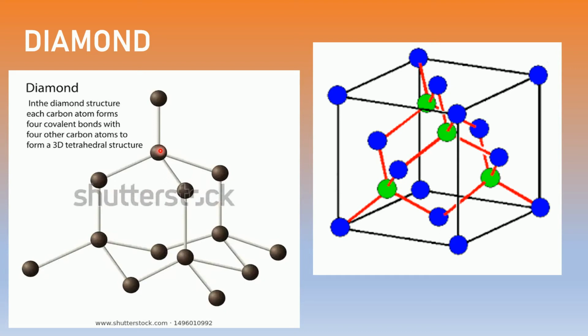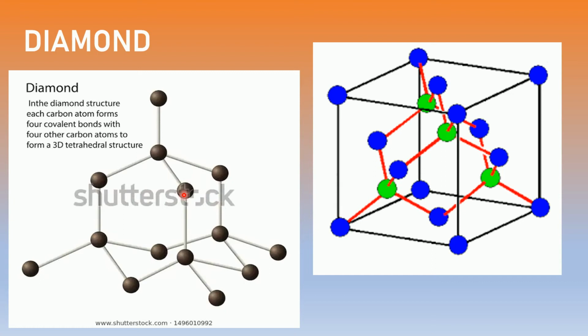Highly dense, the hardest substance in nature, the hardest non-metallic substance. And since it is very hard, obviously the melting and boiling points are also very, very high. Since the carbon does not have any free electrons, it is a very bad conductor of electricity.